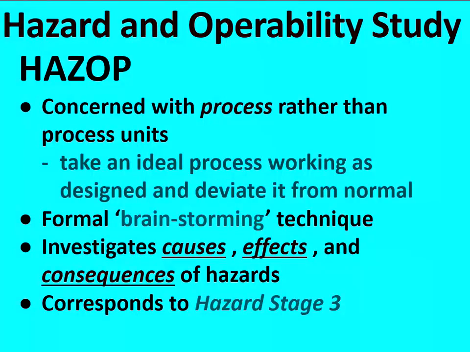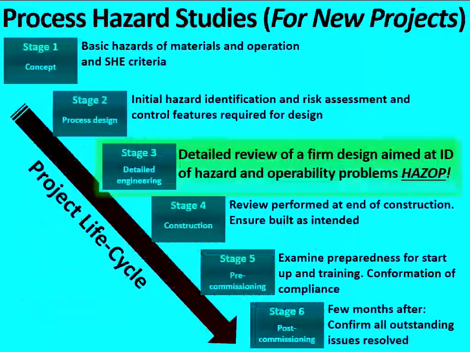Basically, hazard stage 3, if you take a project life cycle where you've got the conceptual design at the very start, so you're on the back of an envelope basically, you can actually do basic hazards. You can have a check for basic hazards when you're first conceptualizing your system. Once you start designing the system, you can do initial hazard identification, because you then know what the fluids are going to be and what the equipment's going to be.